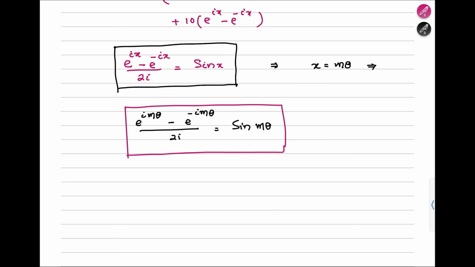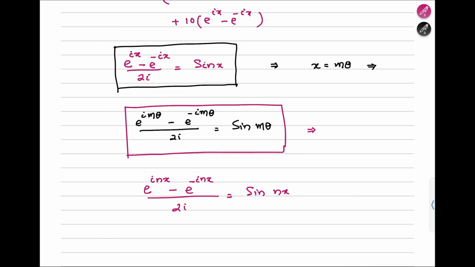Theta is any value, we can say. From this we can even say, we have only assumed and done this, we can even say (e to the power of i nx minus e to the power of minus i nx) divided by 2i is equal to sin nx.